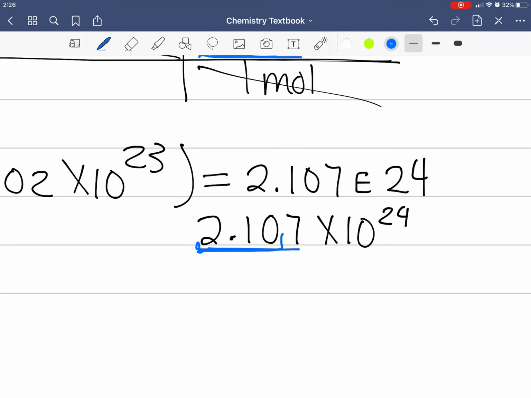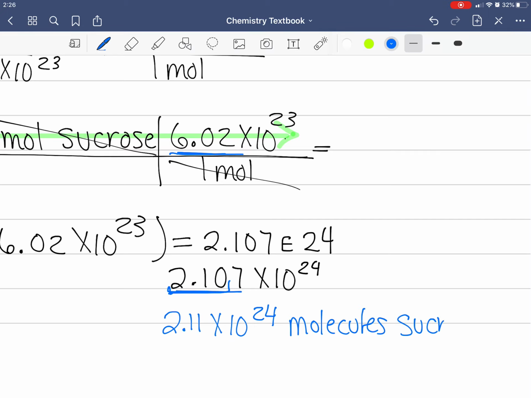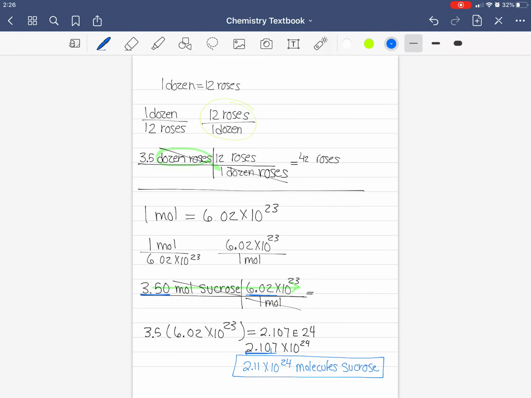So that means my answer will look like 2.11 times 10 to the 24th molecules of sucrose. So this is my answer. Alright. So that's how you will be converting between molecules.